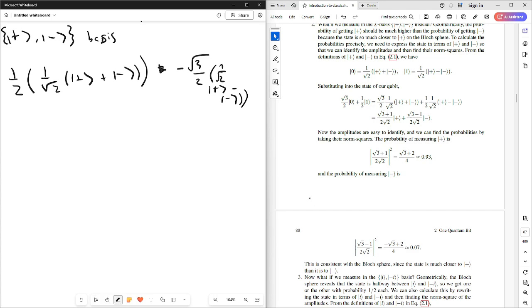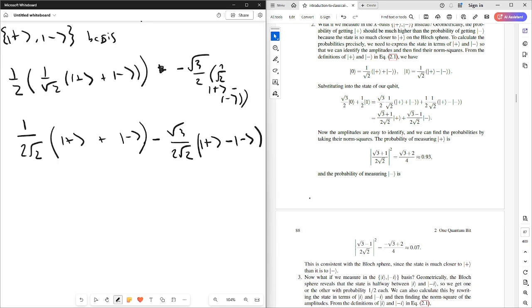So we wind up with 1 over 2 square roots of 2 times (plus minus minus) minus square root of 3 over 2 square roots of 2 times (plus plus minus).